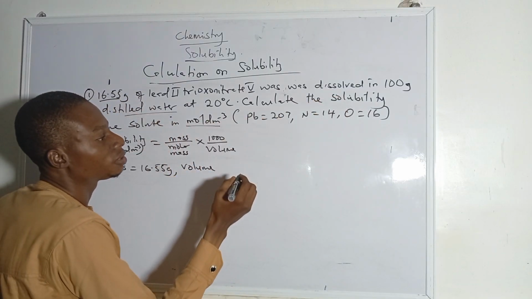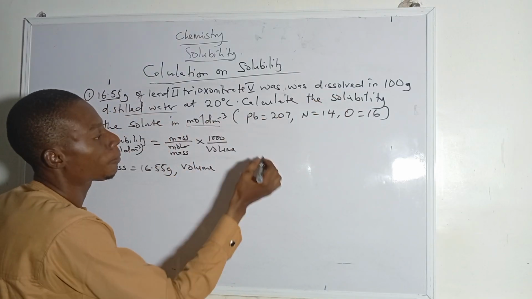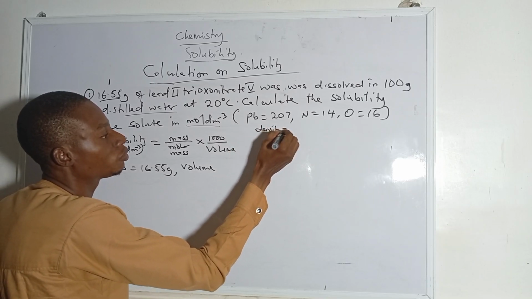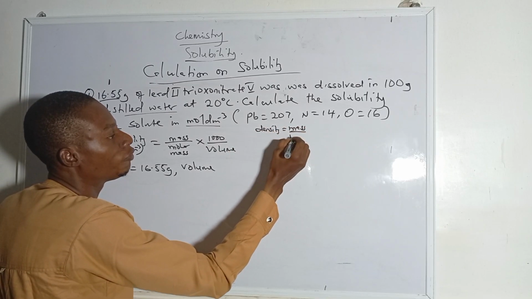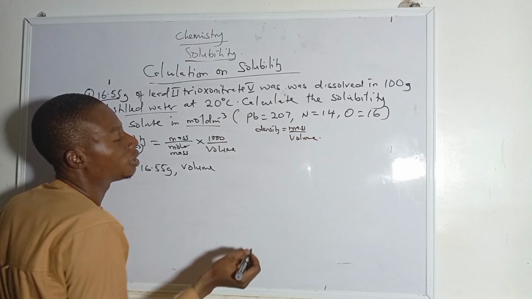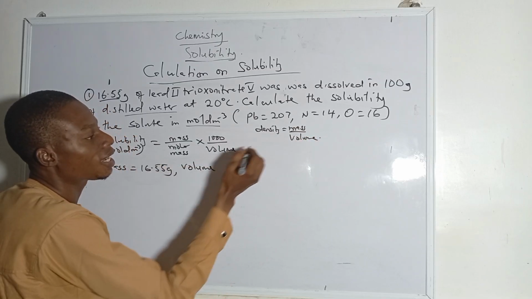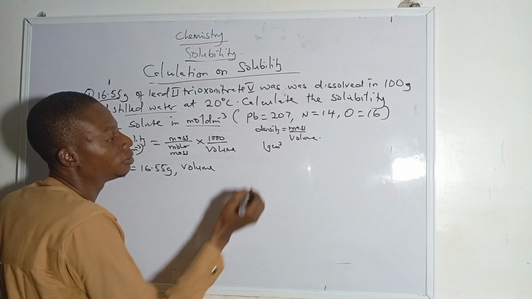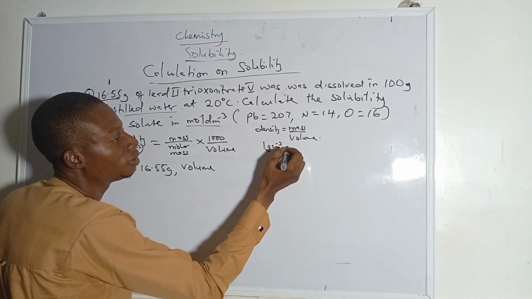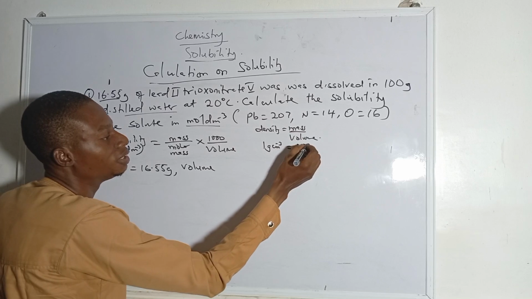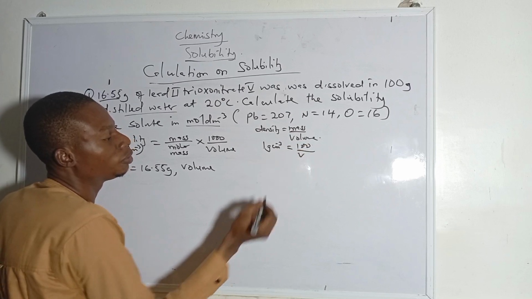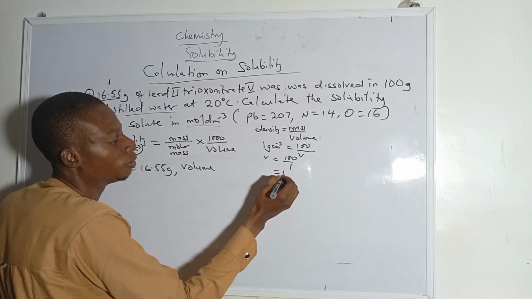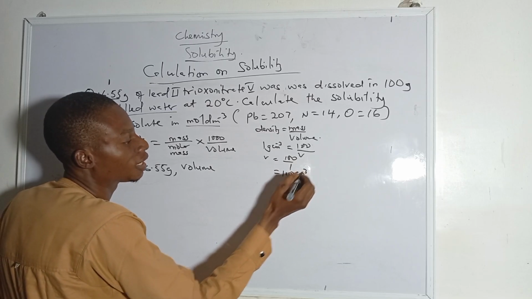Since density is equal to mass over volume, and density of water is 1 gram per cm cube, and the mass we're given is 100, the volume will be 100 over 1, so it should still be 100 centimeter cube.